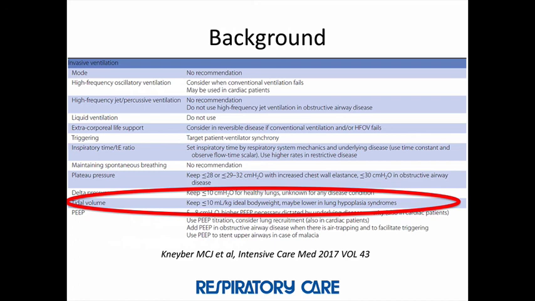So that is something to think about. I think ideal body weight is a good metric for where to start, but it definitely needs to be taken in consideration along with the rest of the clinical picture and the other markers of appropriate ventilation that we have.